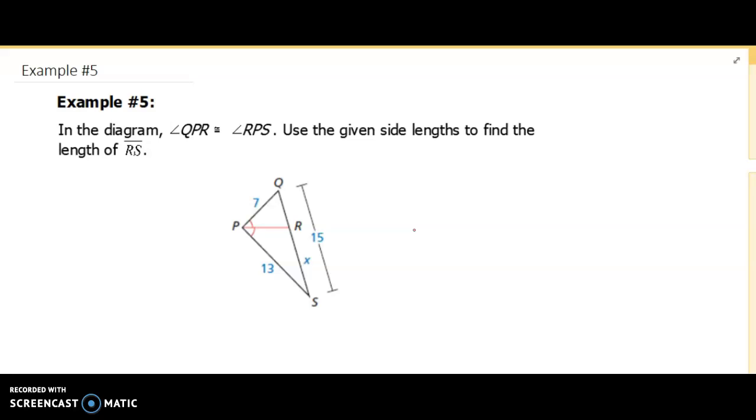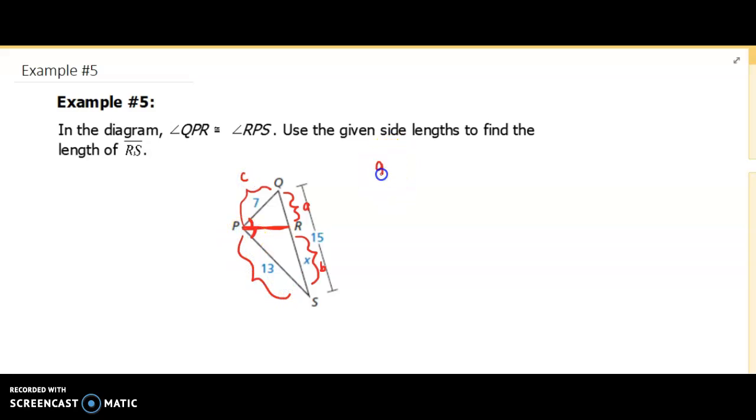It tells me in the diagram angle QPR is congruent to angle RPS. So this angle here is congruent to this angle here, which indicates this is an angle bisector, so I can use that theorem. I'm going to call this A, this B, this C, and this D like last time.